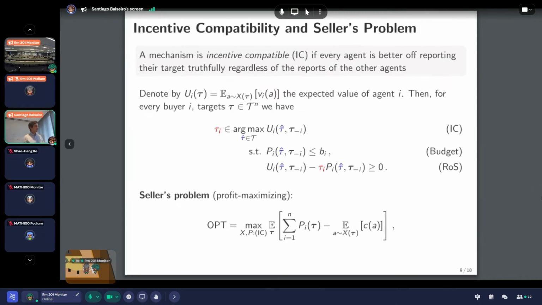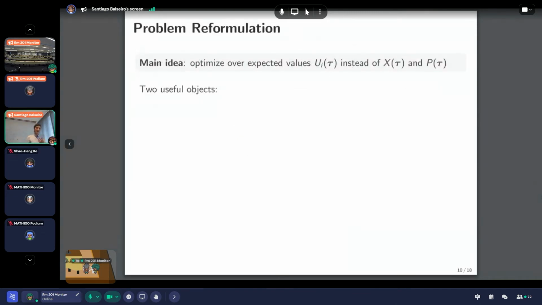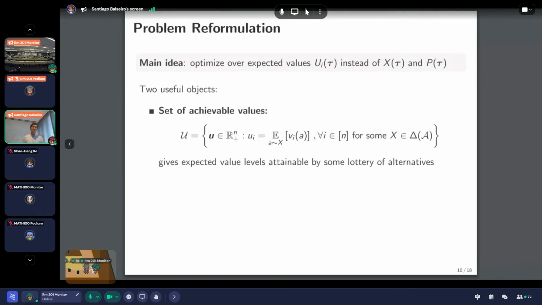Now, how do we reformulate the problem? Well, the main idea here is that instead of optimizing over the allocation and payment, we can optimize over these expected values U_i(tau). And in doing so, we need to introduce two useful objects. One object is the set of achievable values. So this gives, for each vector of expected values of the buyers, it tells us whether this is attainable via a lottery of alternatives.